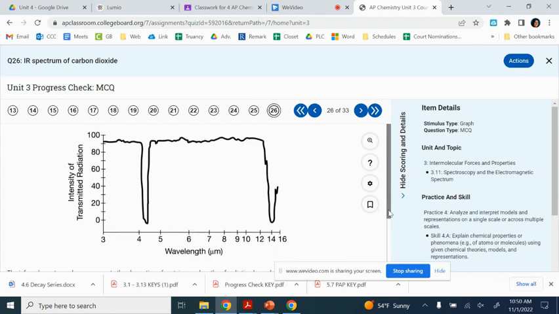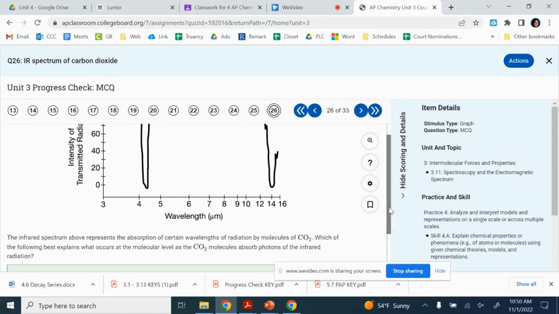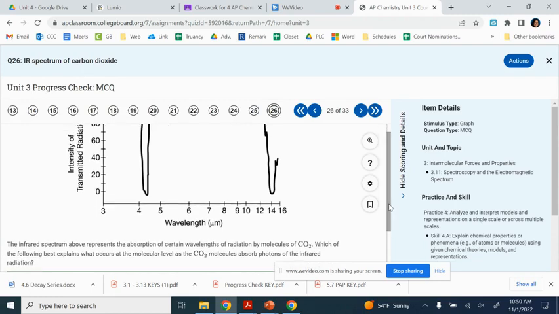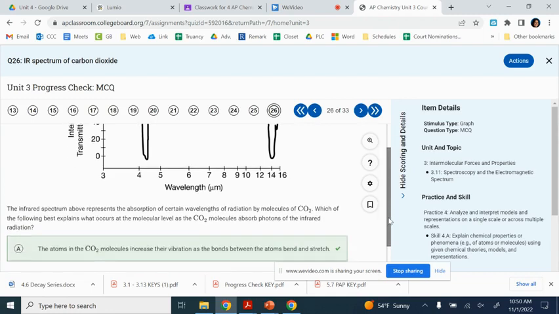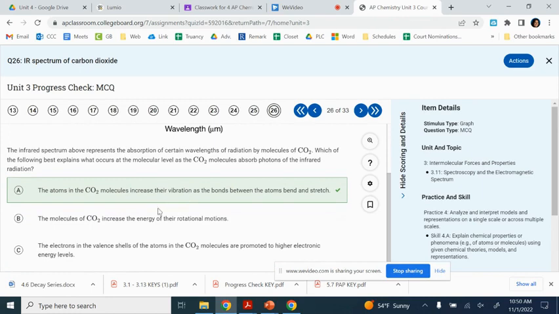All right. So we have our radiation here that's being transmitted. They've given us a wavelength here. This is infrared. So remember, infrared is heat. When I say infrared and heat, I think of vibration, friction. Is that what the question's asking? Yes, vibration. You're talking about vibration here.